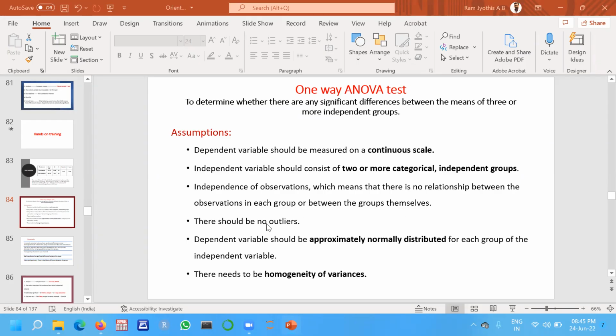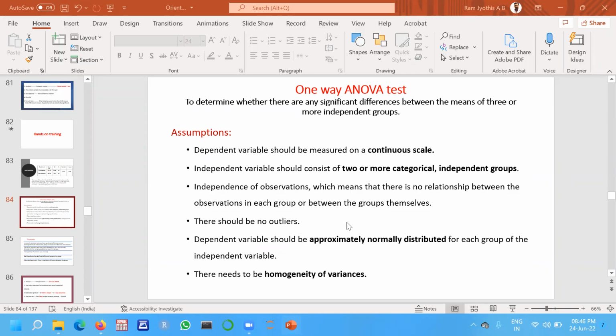There should not be any outliers. What do you mean by outliers? Extreme values. Suppose when you calculate the mean, if any outliers are there, then the calculation of mean will be different, isn't it? So better to avoid outliers or extreme values.